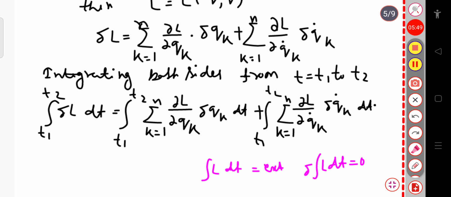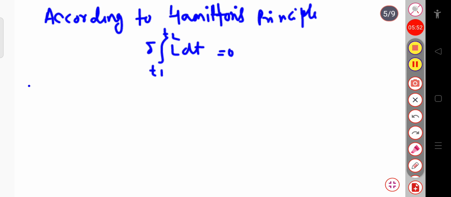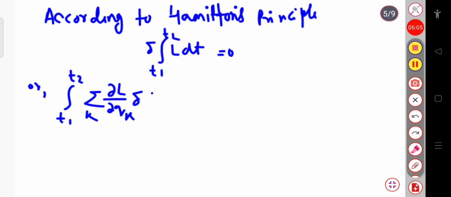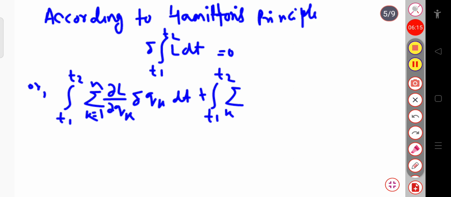So we can write the integration over t1 to t2 of the sum over k of dou L by dou qk into delta qk dt, plus the second term, the integration over t1 to t2 of the sum over k equal to 1 to n of dou L by dou qk dot into delta qk dot dt, and this is also equal to 0.